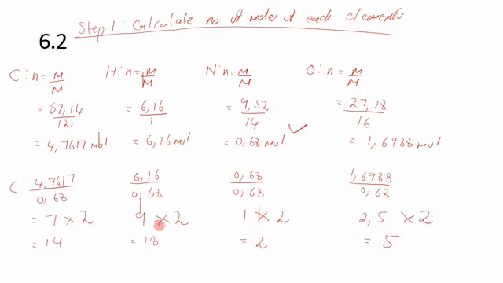Then writing our empirical formula now, we will have C14, H18, N2, and O5. That becomes your empirical formula. So that's how you go through it. Make sure that you pause the video, guys, and try to understand all the steps that I've gone through.